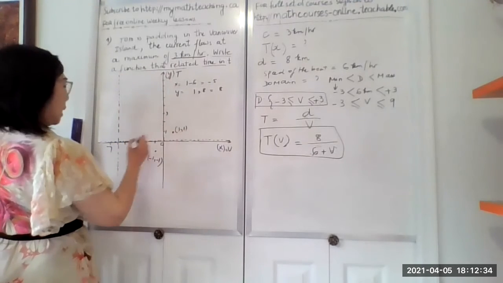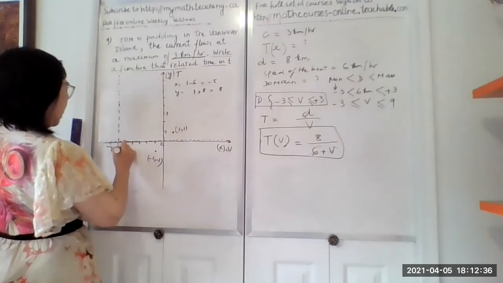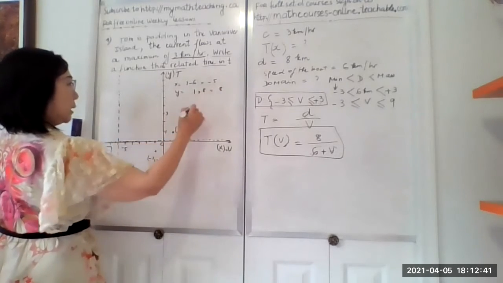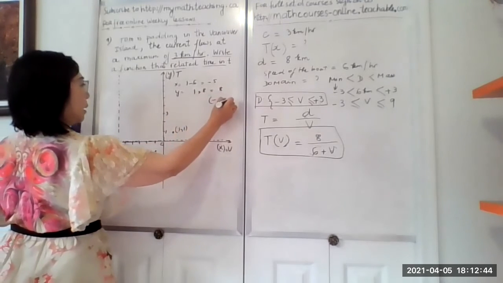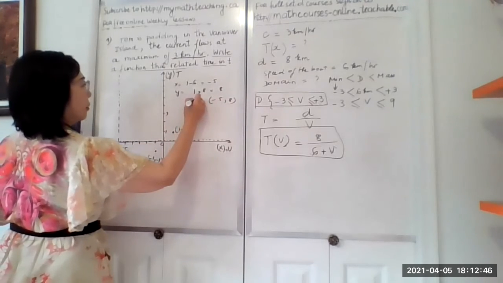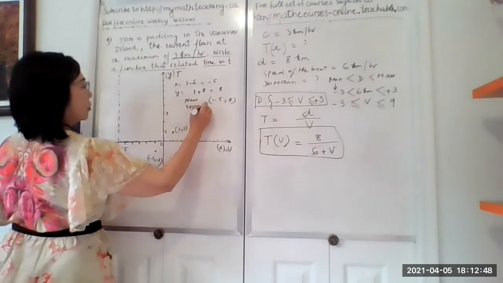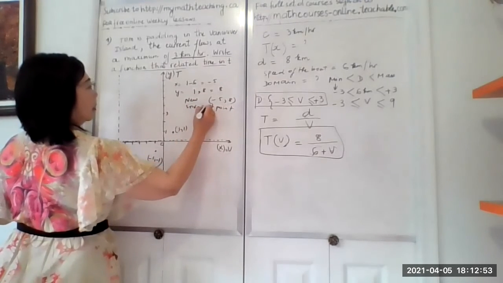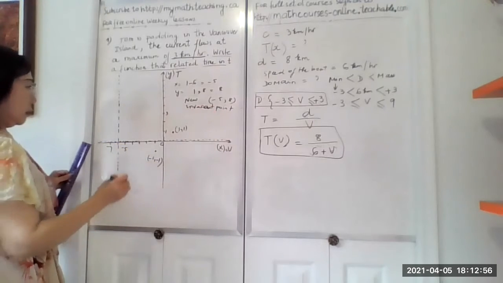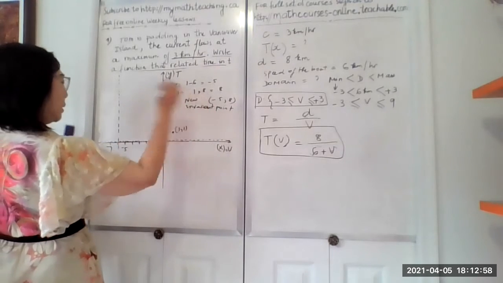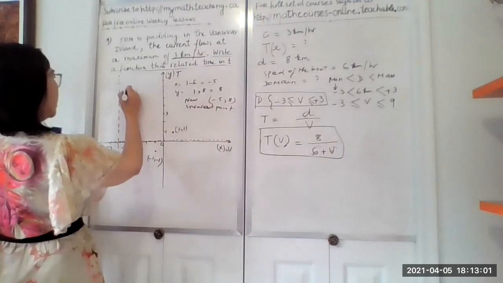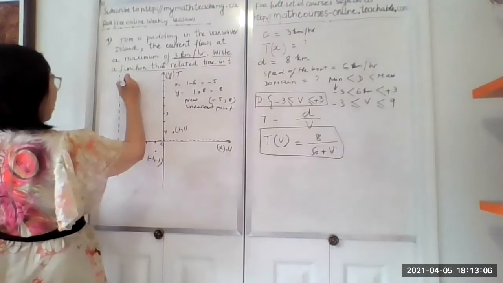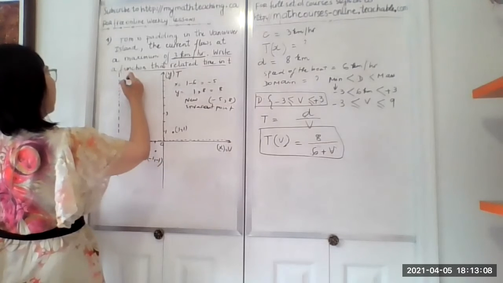So this is -5 right here. The coordinate will be -5 and 8, right? -5 and 8. This is the new invariant point. Up to here. So this is our invariant point.